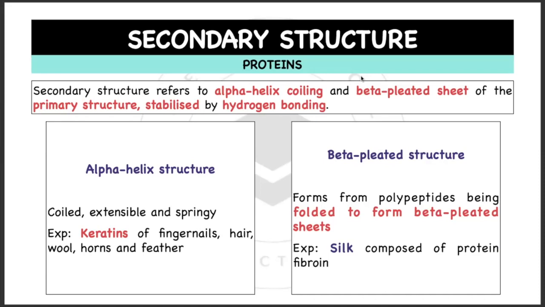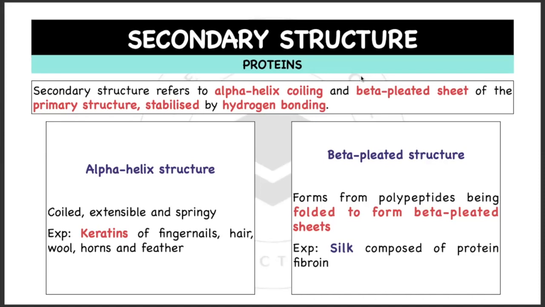Basically, you take a sheet of paper. The paper is the primary protein, okay? If you keep twisting it, you'll get the alpha helix structure. But instead of twisting it, if you keep folding it, like how we made those paper fans last time, you will get the beta pleated structure, and pleated means folding.